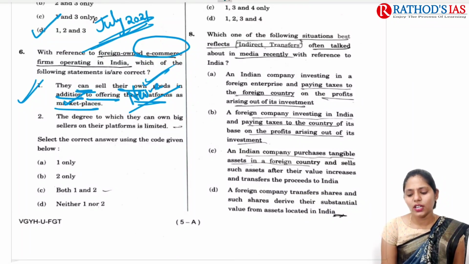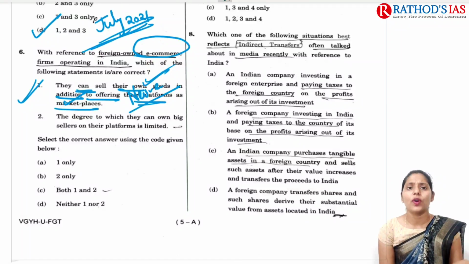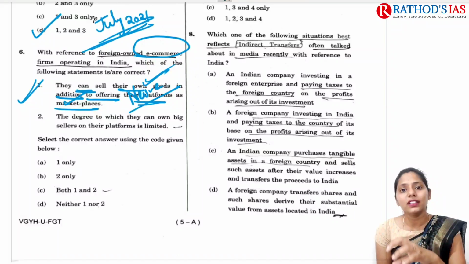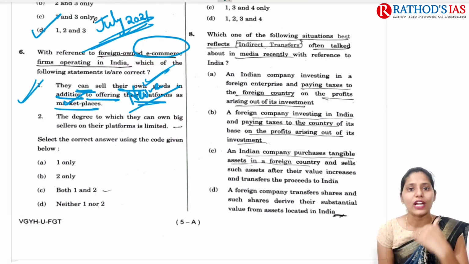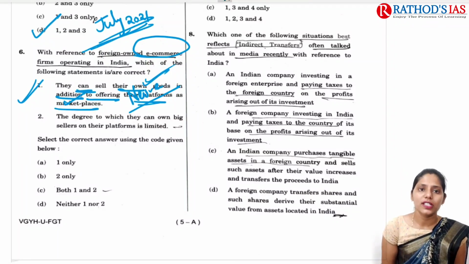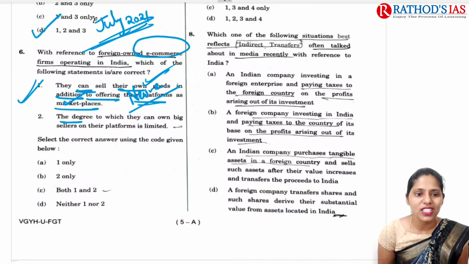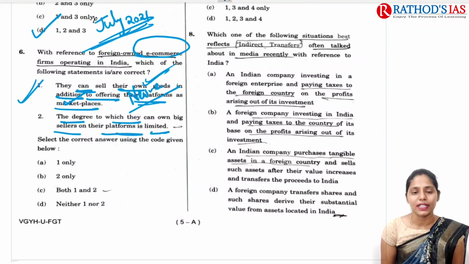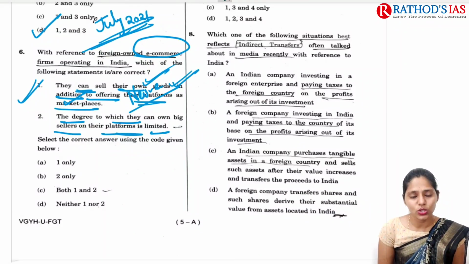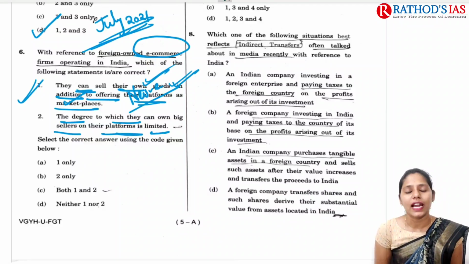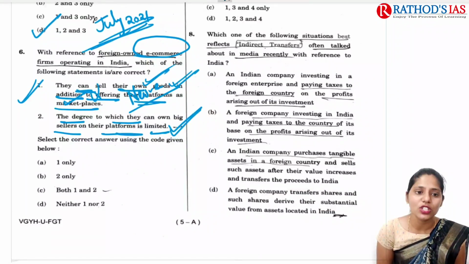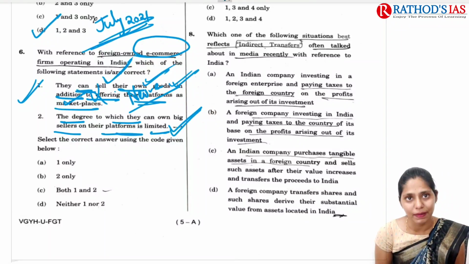You can also note one important thing here: it is mainly providing the platform, and they are mainly selling goods online for other sellers as well. That should not be done. So this is the first statement. And next one is, the degree to which they can own big sellers on their platforms is limited. Because of the first point, what they can do on their platforms will be limited. So this second option is correct and the first option is incorrect. So they cannot use their platforms.